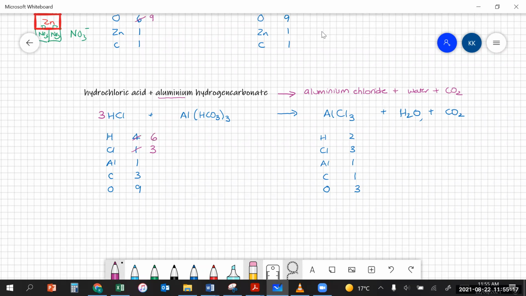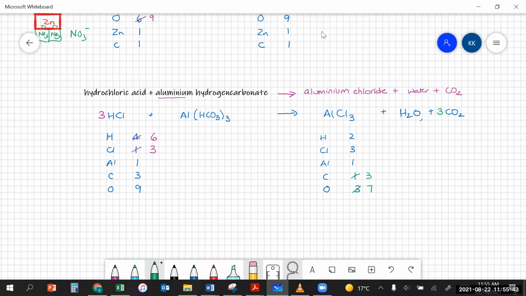Now, what else do we have? We have the carbon that we need to balance. So we have 3 carbons on the left and only 1 on the right. So we're going to need to treble the carbon dioxide, and that's going to give us our 3 carbons, but it's also changed our oxygens. So we have now 3 2s are 6 in the carbon dioxide, plus 1 is 7.